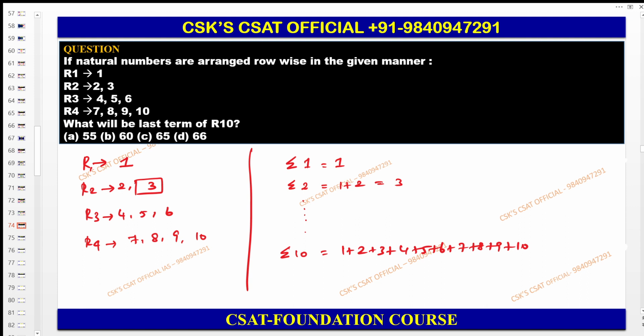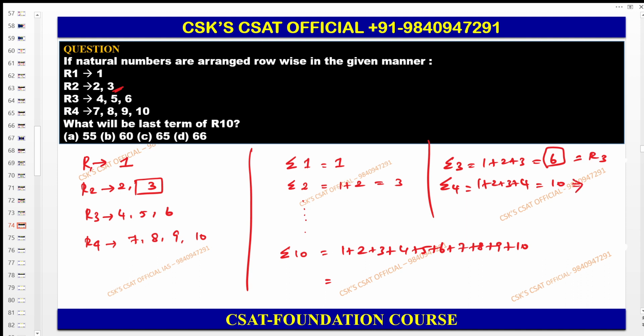Always remember here the last one is nothing but the summation. Summation of 3 is nothing but 1 plus 2 plus 3, which is equal to 6. So therefore that comes as the last term in row 3. If you go through summation number 4, 1, 2, 3 plus 4, so therefore it is 10.